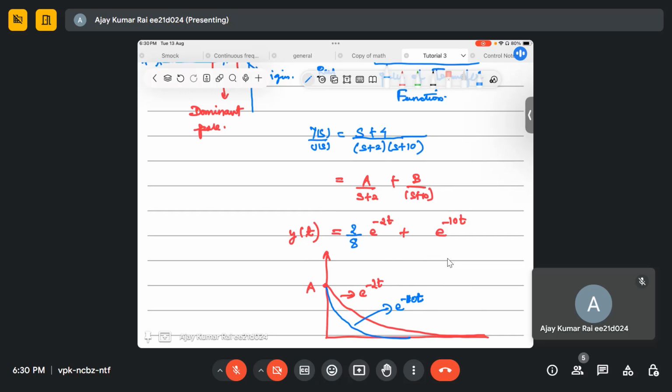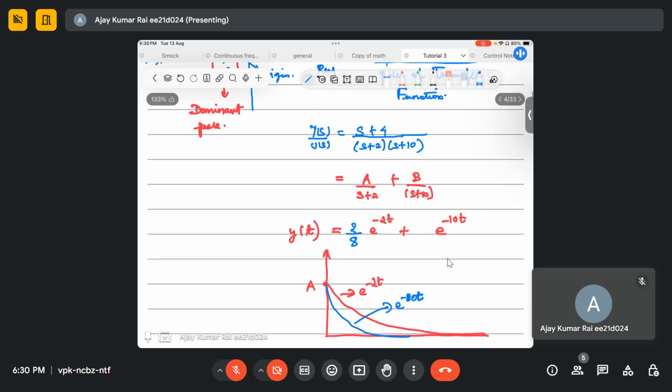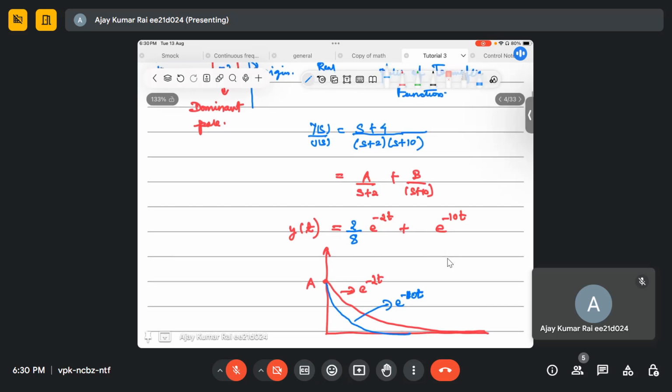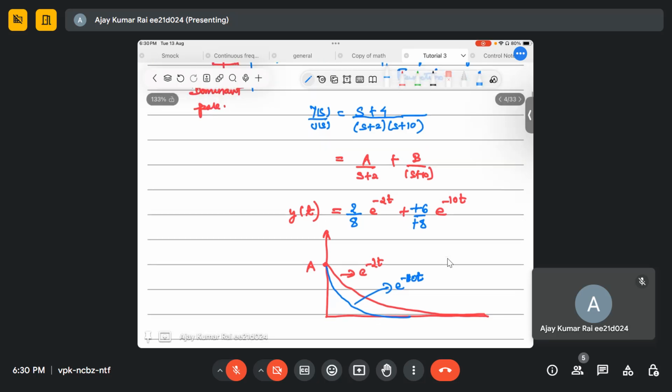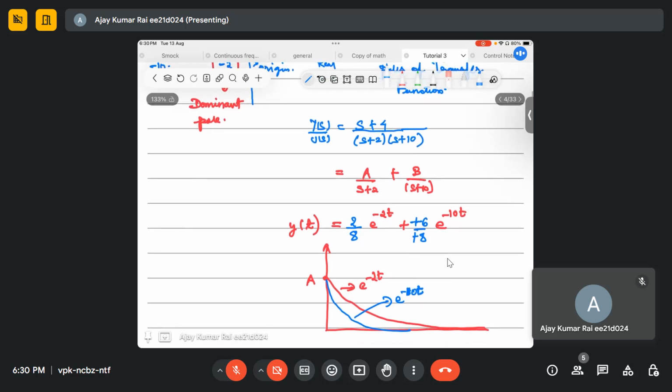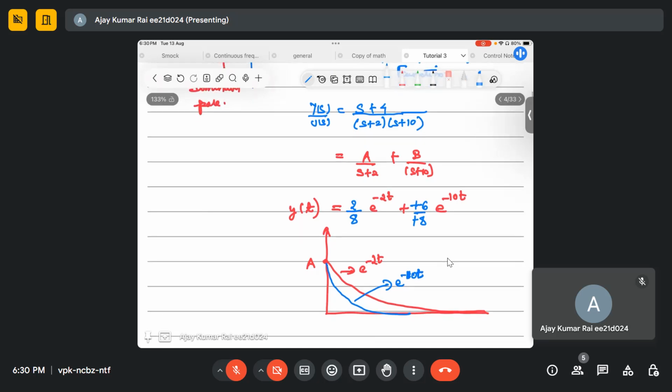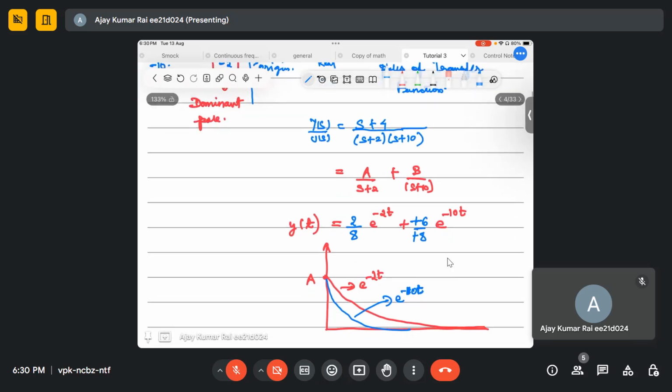To find B, we put s equal to minus 10, which gives minus 6 over minus 8. I hope this is correct. I directly wrote the coefficients A and B because you know how to do that.